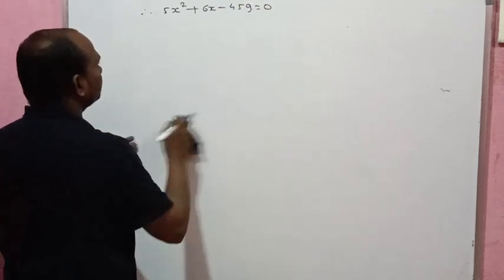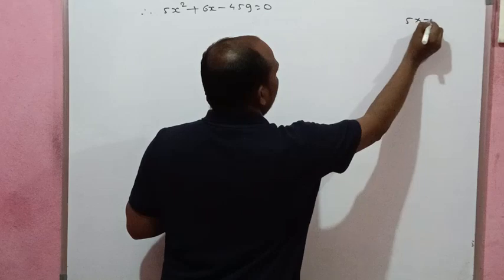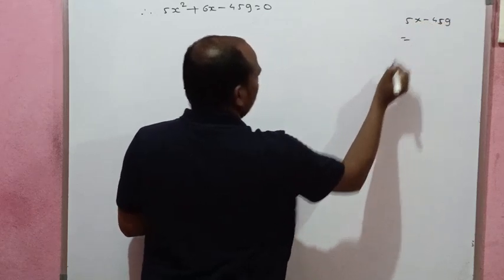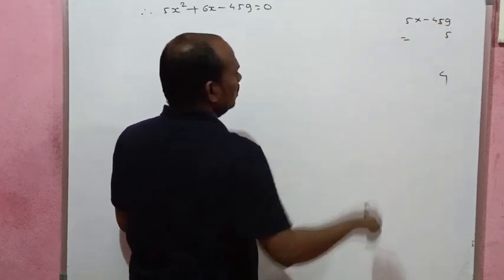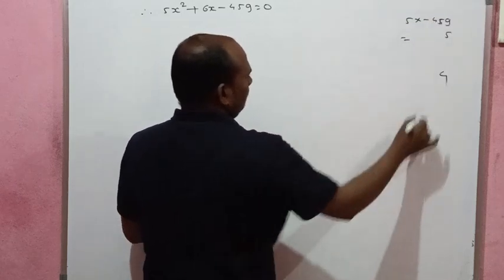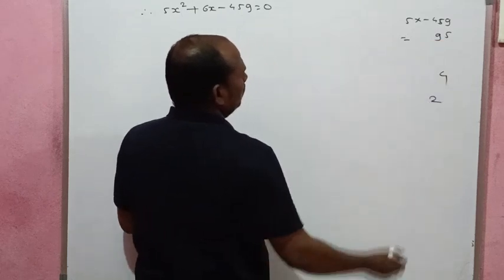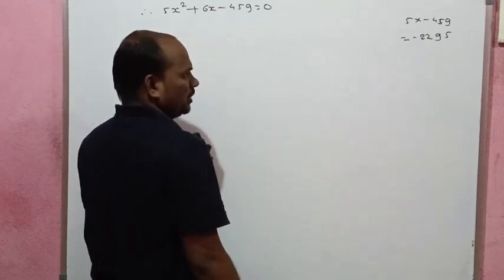Now 5 into minus 459. Now the multiplication: 5 9s are 45, carry 4. 5 5s are 25, 25 plus 4 is 29, carry 2. That is minus 2295.